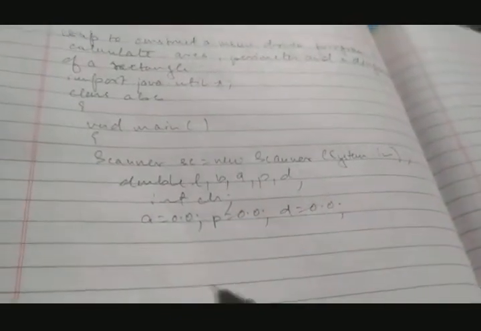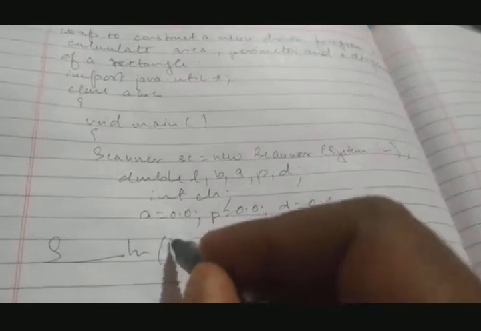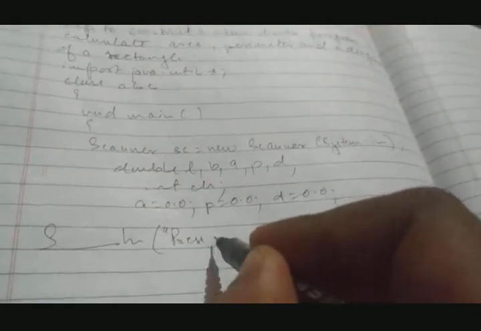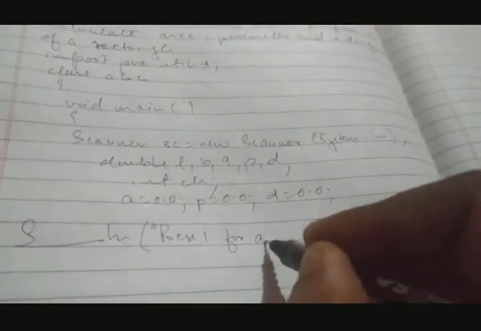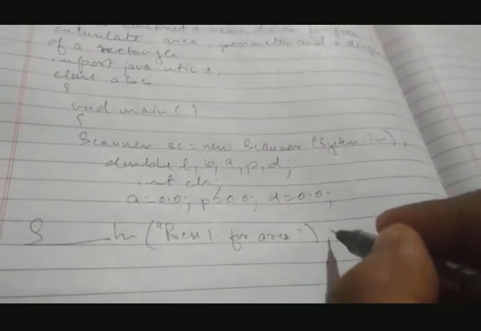Alright, so println. This is where I am creating a menu. Press 1 for area, so println.